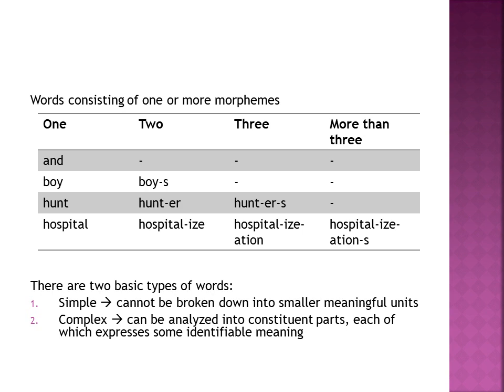But let's focus on what the words here are. Boy consists of two morphemes, like boy and boys. Hunt can be three morphemes: hunt, this is one, hunter, two, hunters, three.